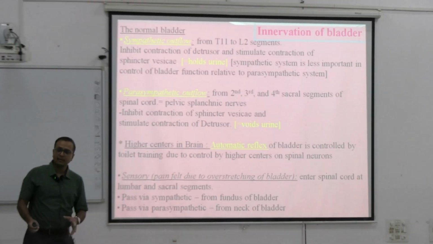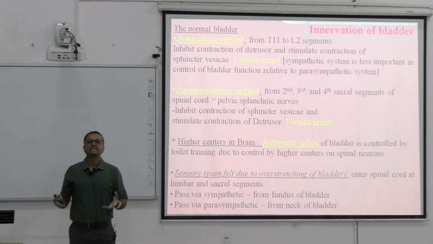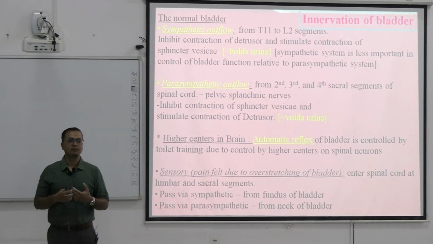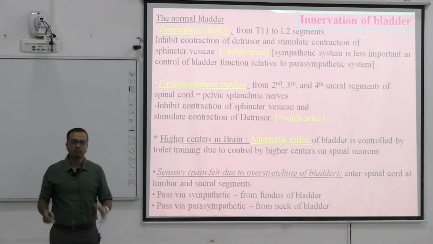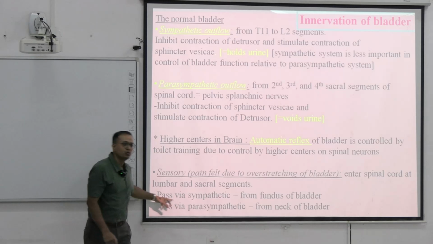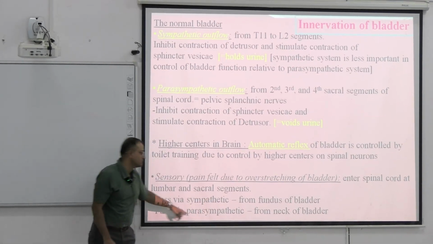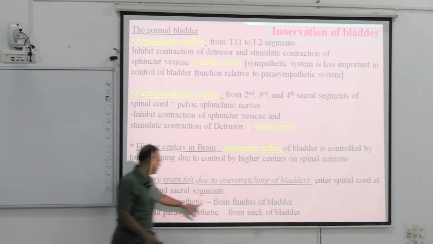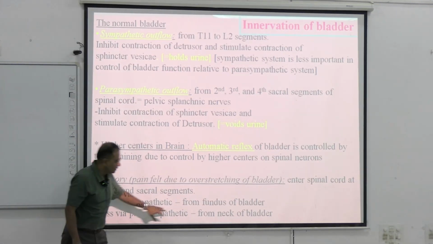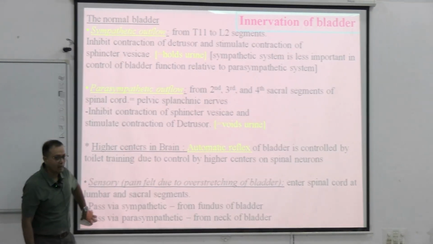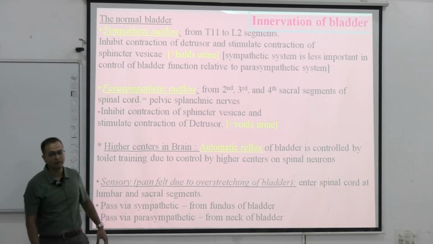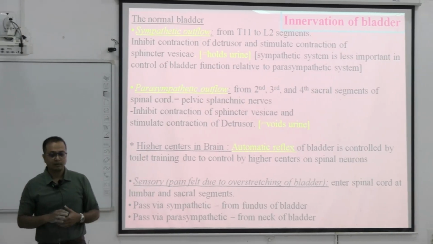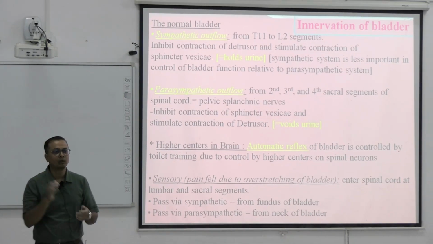Now, other than this, if the bladder is distended, we feel visceral pain. It is carried through the sympathetic nerves and the parasympathetic nerves. Pain from the fundus of the bladder comes through the sympathetic nerves, while near the neck region the pain is carried through the parasympathetic nerve, going to the same sympathetic trunk and reaching the brain.